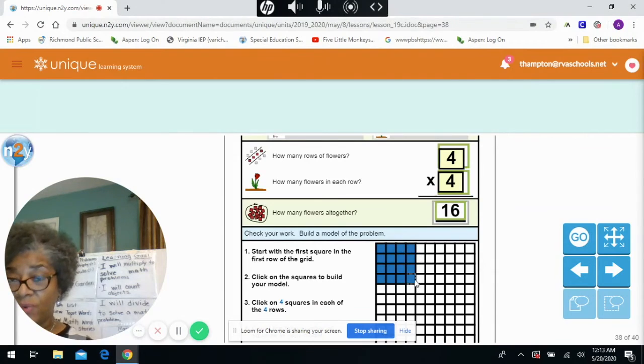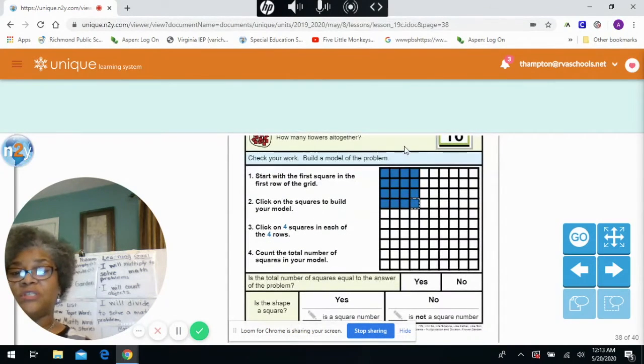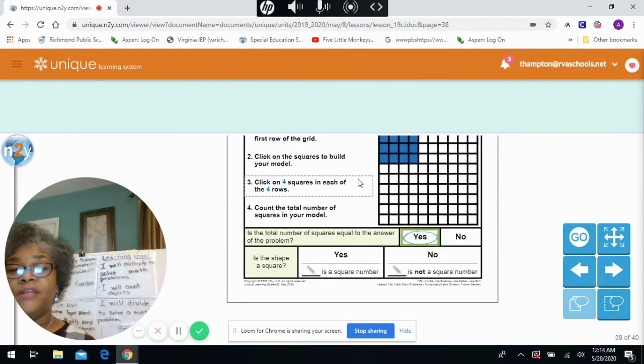Is that a square? Let's answer our questions. Is the total number of squares equal to the answer in the problem? Let's count. 1, 2, 3, 4, 5, 6, 7, 8, 9, 10, 11, 12, 13, 14, 15, 16. Yes. Now it says, is the shape a square?